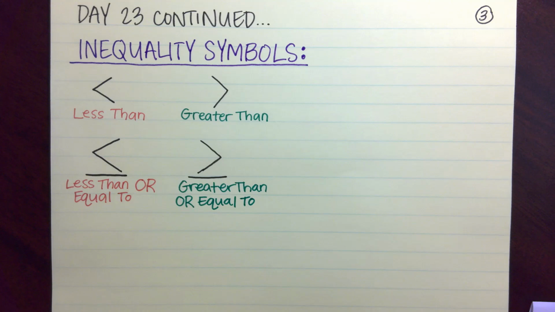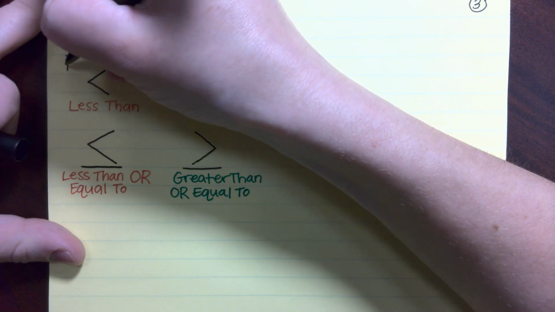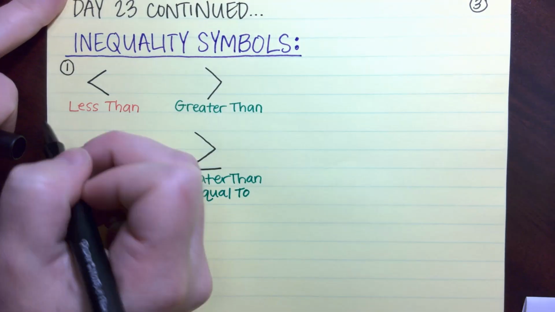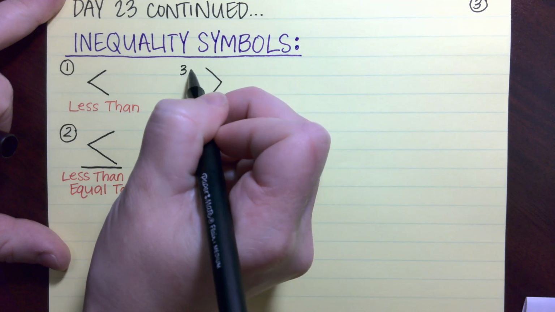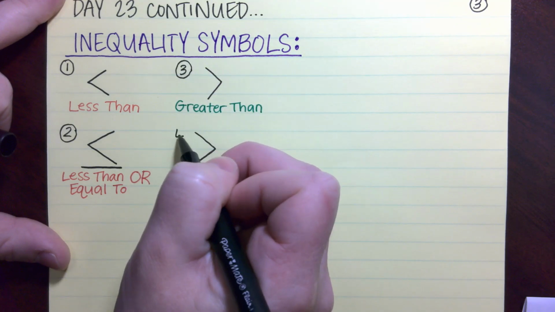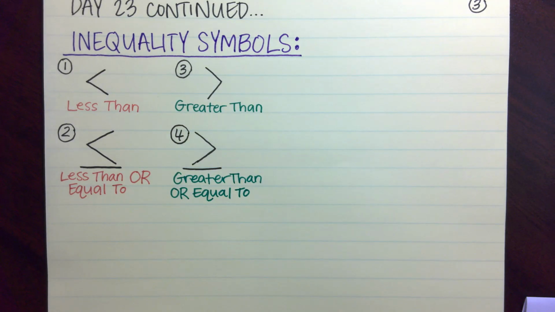Okay, so I'll call this 1, 2, 3, 4, and I'm going to show you a visual of each symbol.